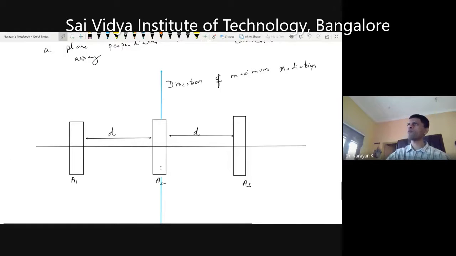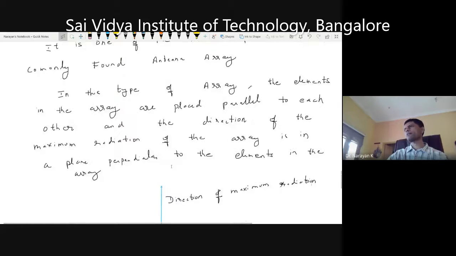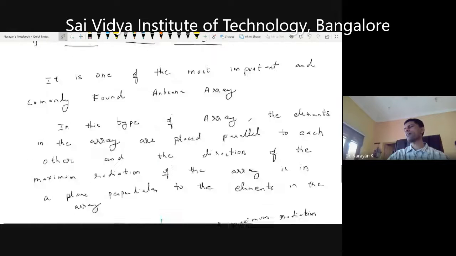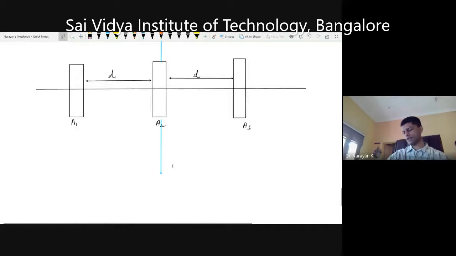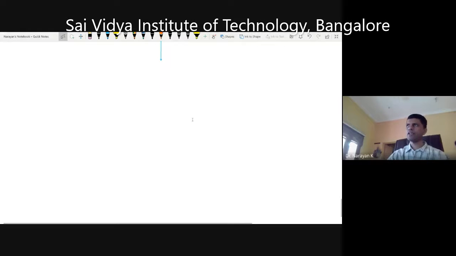This is the most common form of array of point sources which are used in practice. Which one? Broadside array. So we will be showing mathematically how this broadside array is established. Your direction of maximum radiation in case of broadside array is always perpendicular to the plane containing the elements in the array.